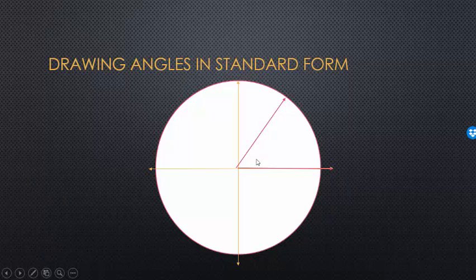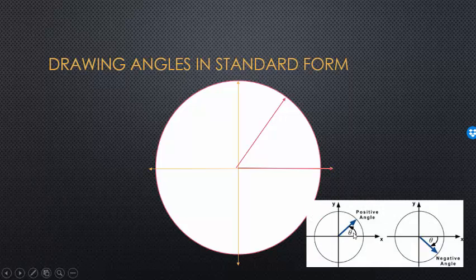So when we draw these angles, these angles that have all appeared were in the first quadrant, but you can certainly have larger angles and you just rotate counterclockwise. Positive angles are rotated counterclockwise, negative angles are rotated clockwise.